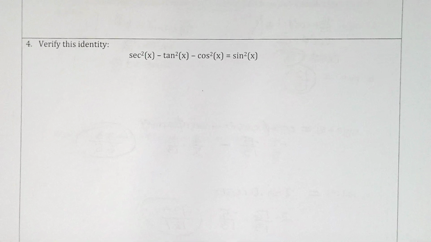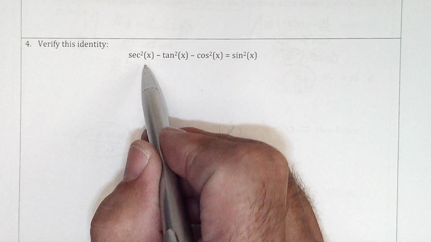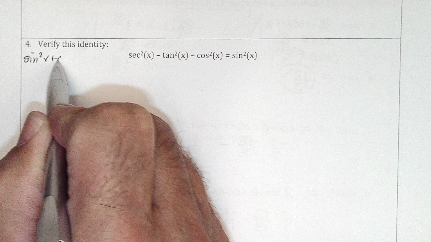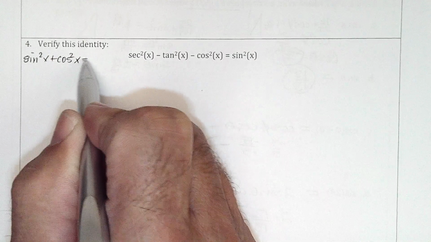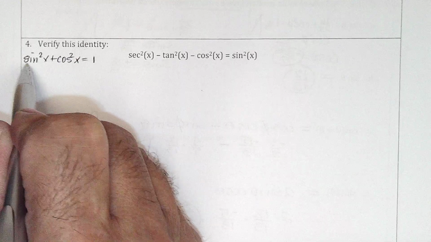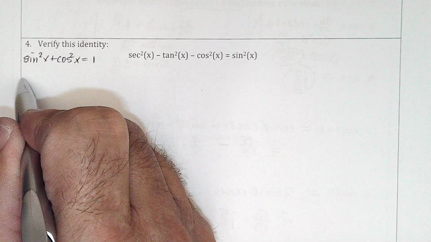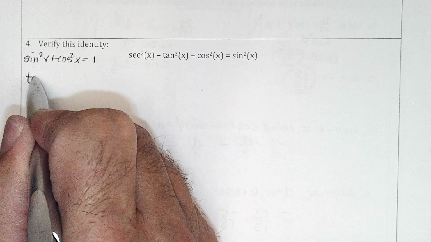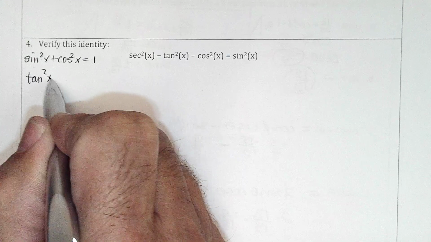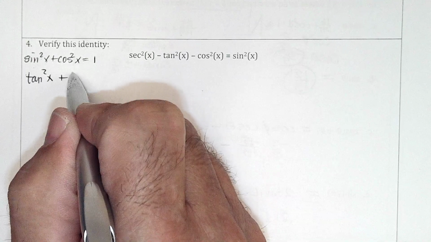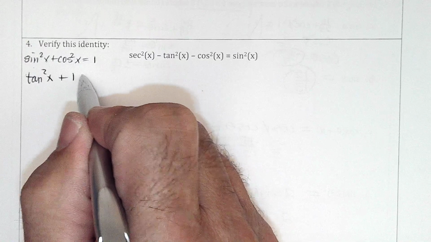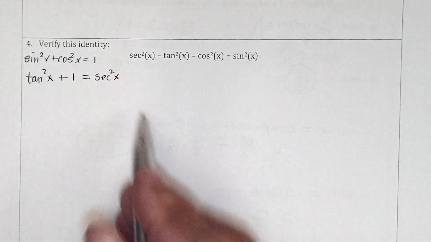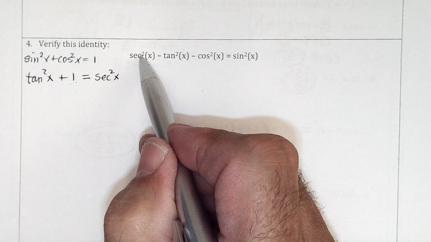Okay. Well, from sine squared x plus cosine squared x equals 1, you can divide everything by cosine squared, and if we divide sine squared by cosine squared, we get tangent squared. Dividing by cosine squared on here, we get plus 1. Dividing by cosine squared here, we get 1 over cosine squared, which is secant squared x. So you could put this in for the secant squared.